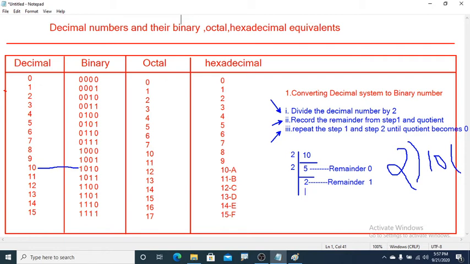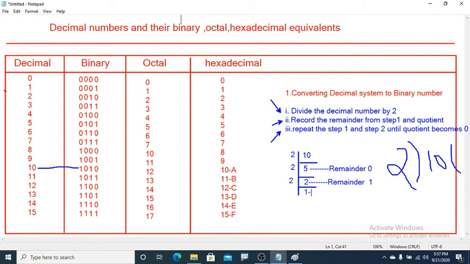Now again divide this number by 2, because we have to divide until the quotient becomes 0. Here 2 ones are 2, so 2 goes 1 time.